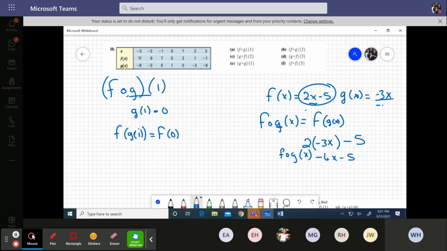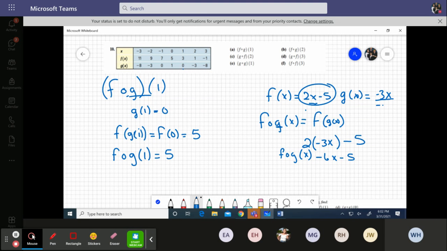When x is 1, g of x is 0. So g of 1 is 0. So that's going to set my f of 0. When x is 0, f of x is 5. So f of g of 1 is equal to 5.